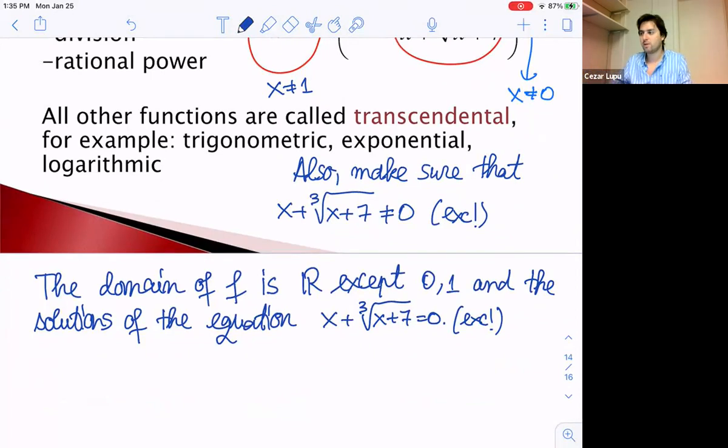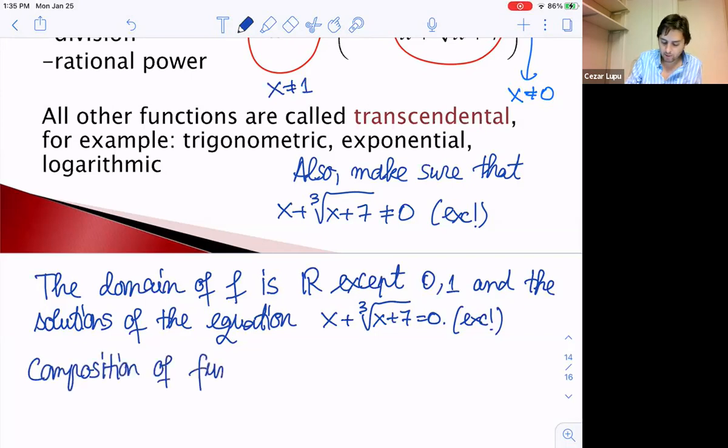I would also like to define something, the composition of functions. So you can do some operations, and next time we will see more in detail how this will work.